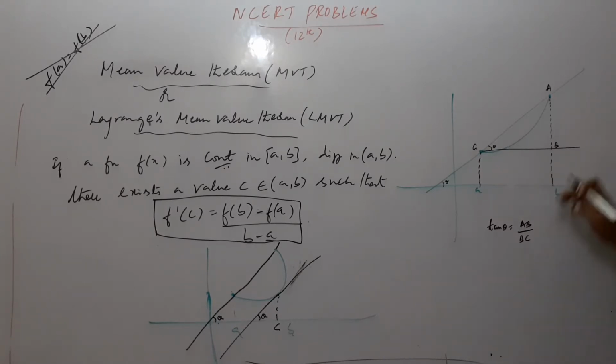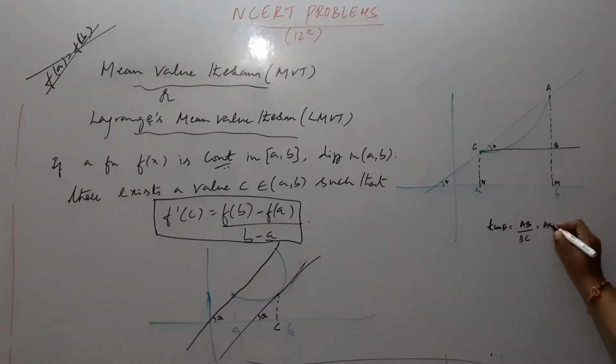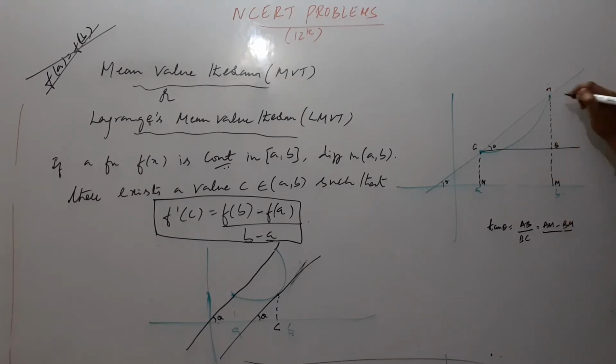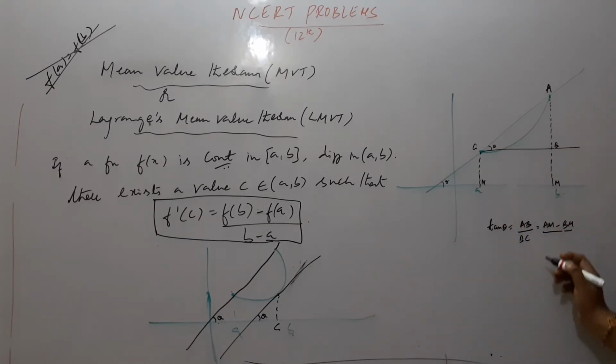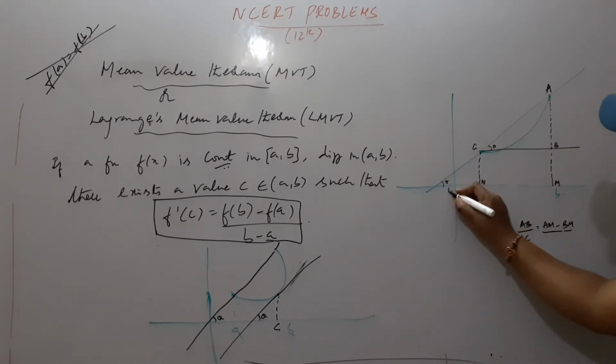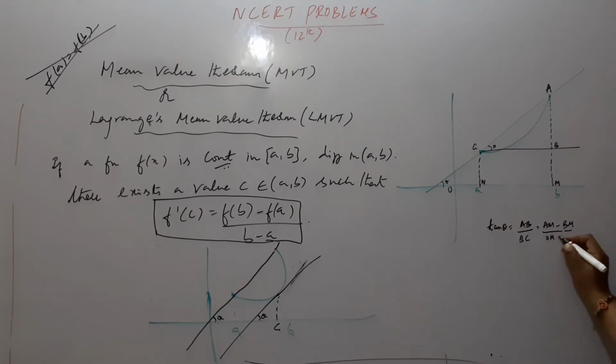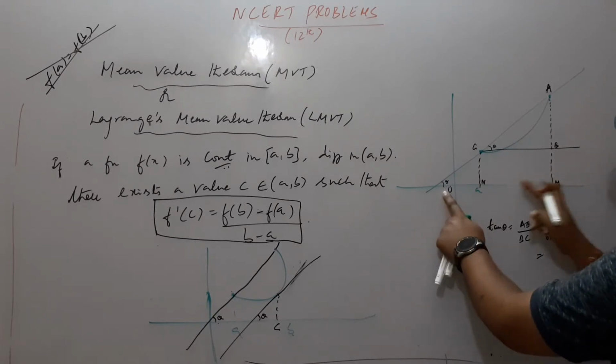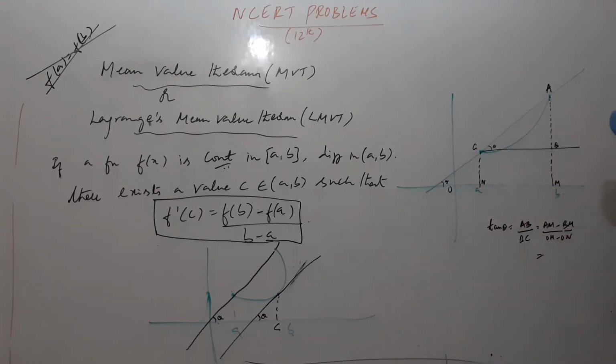Now, students, if you just observe AB, let me call it as M, let me call it as N. Your AB can be written as AM minus BM. AM minus BM is your AB, this value. Similarly, BC value is nothing but, this is origin, OM minus ON. Fair enough. OM, distance till here, minus this, that will give you this value.